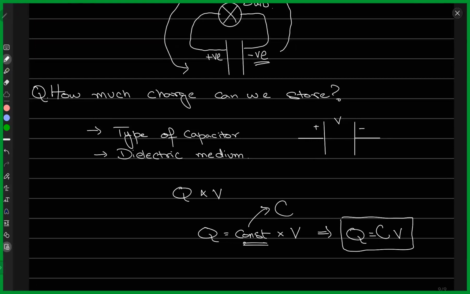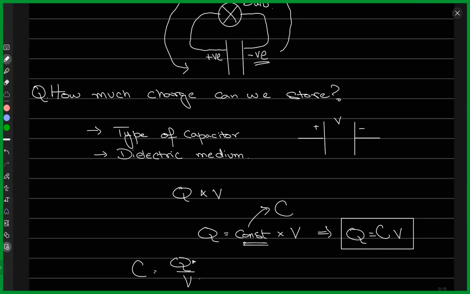Right? And from this expression, you can define capacitance as C = Q/V, which essentially is telling you that capacitance is just the charge stored in the plates, parallel conducting plates, per unit potential difference, right?